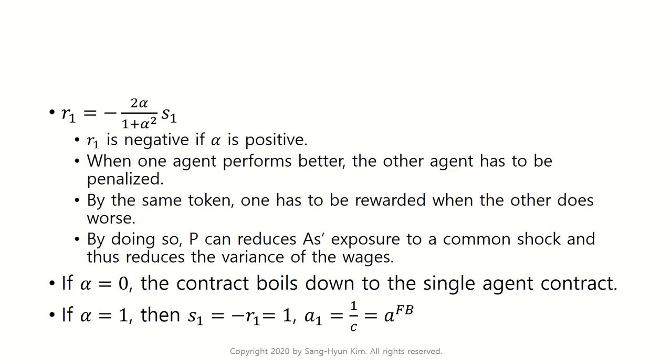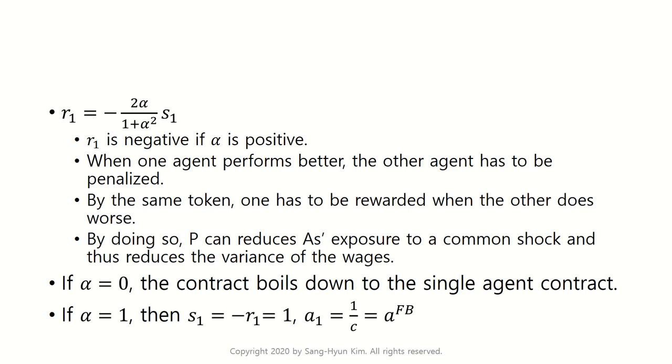In that case, R1 must be minus 1. So R1 is minus 1 and S1 is 1. That will be the case if alpha is 1. What that means is that if alpha is 1, then it is optimal to give a full incentive, and at the same time you set R1 equal to negative 1.